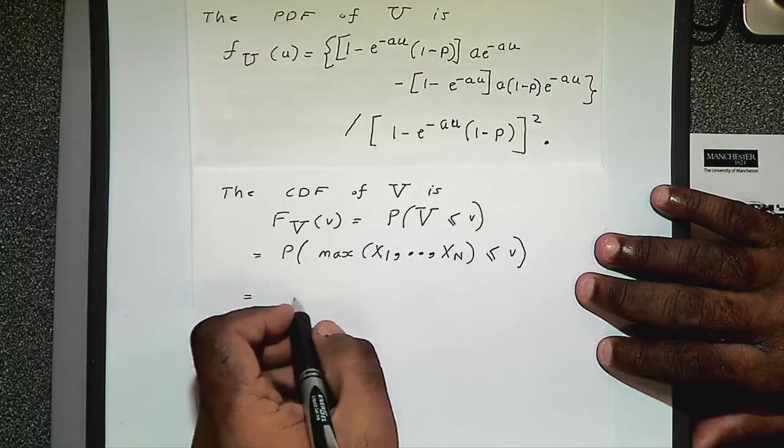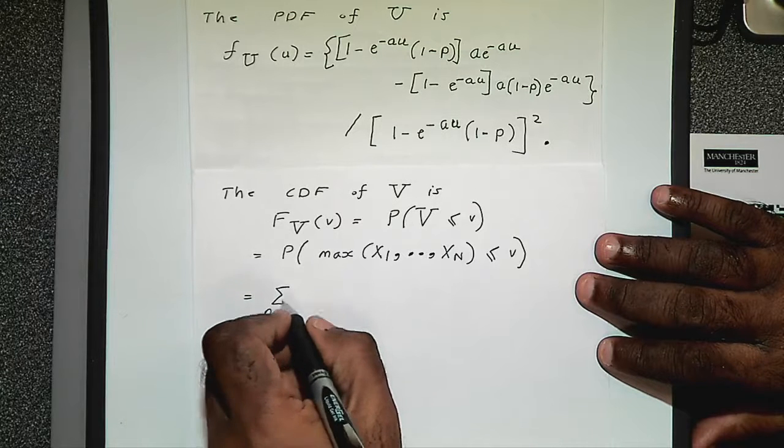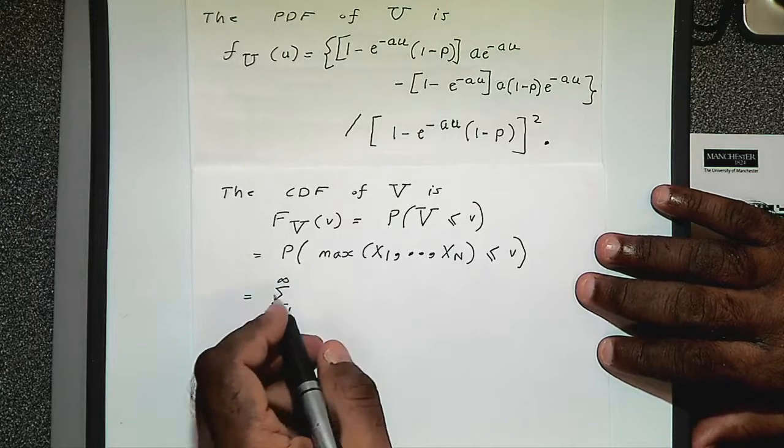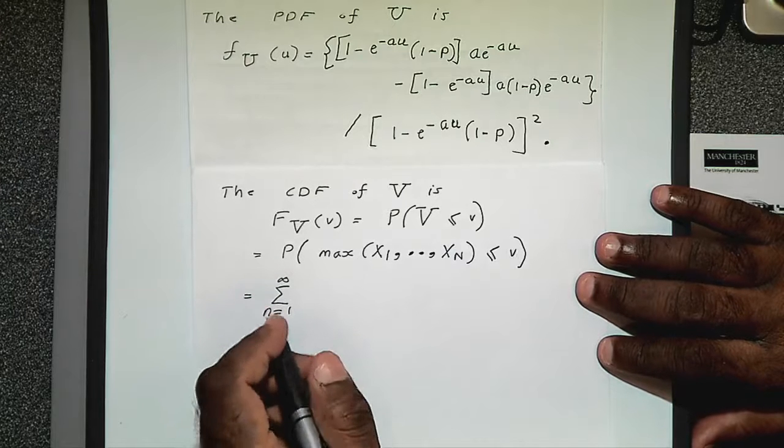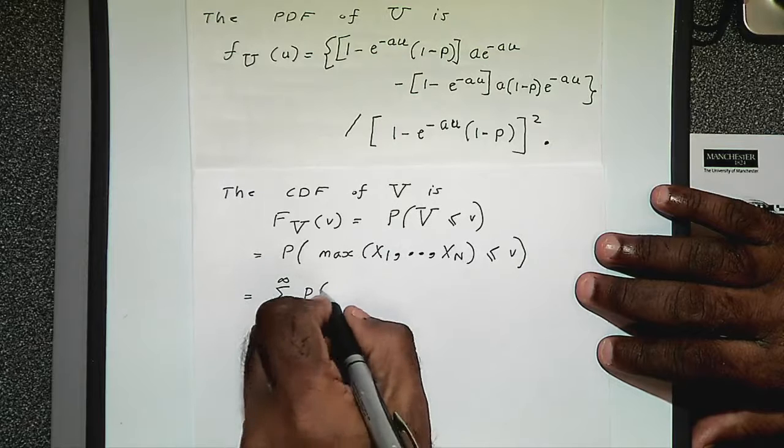So you can write this as the sum from 1 to infinity, because the geometric random variable is defined from 1 to infinity, times the probability that.